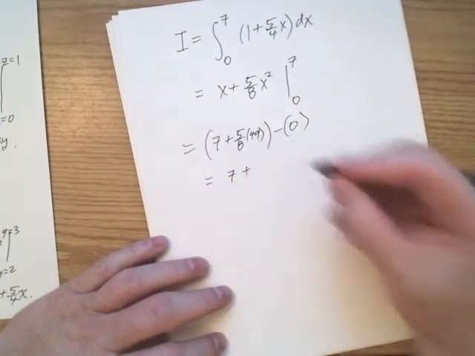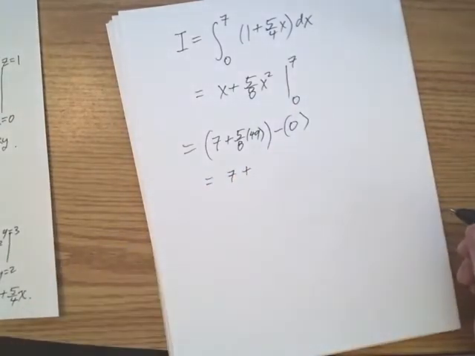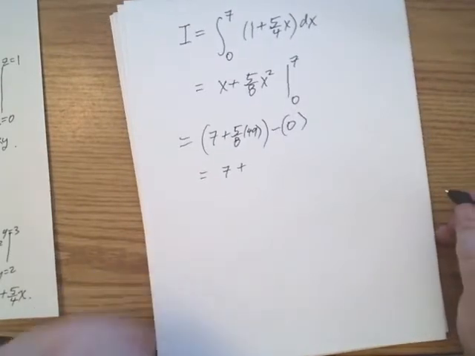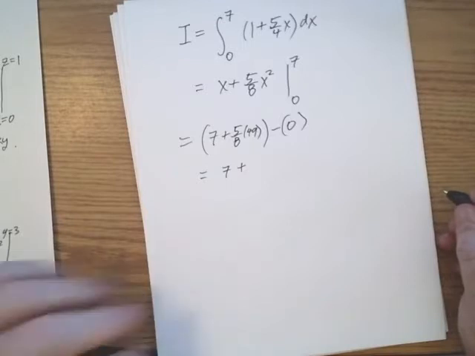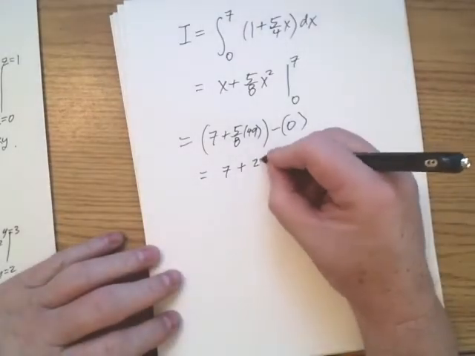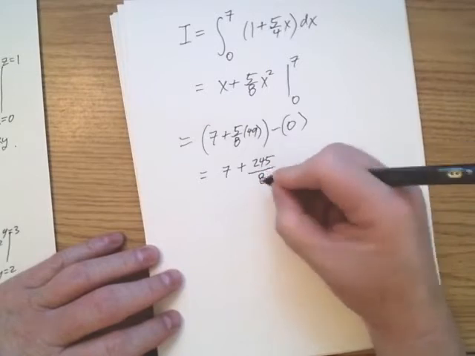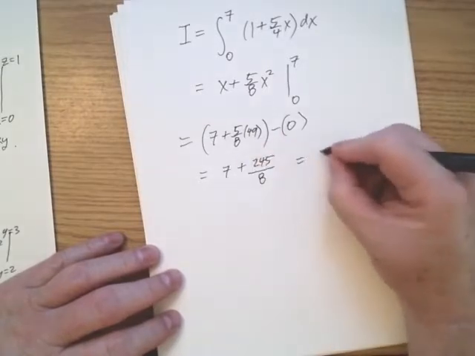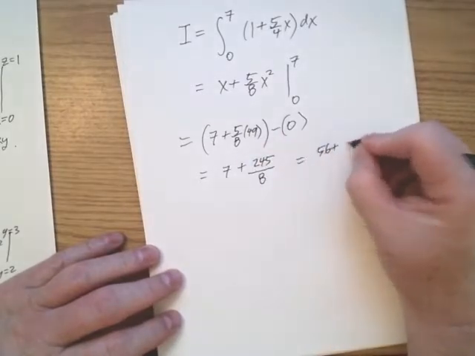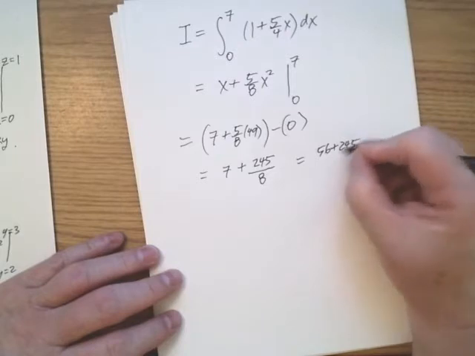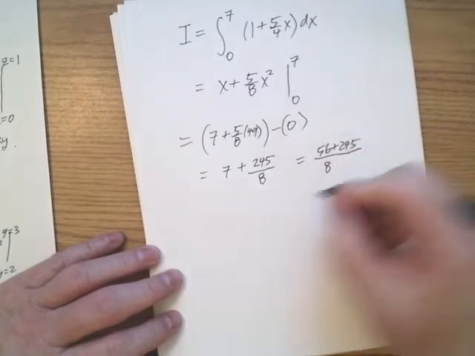And it looks like, let's see, what would we get here? 7 plus 5 times 49. That's 5 times 50 minus 1. So that's 250 minus 5, which would be 245 over 8. 7 times 8 is 56, so we've got 56 plus 245 all over 8.